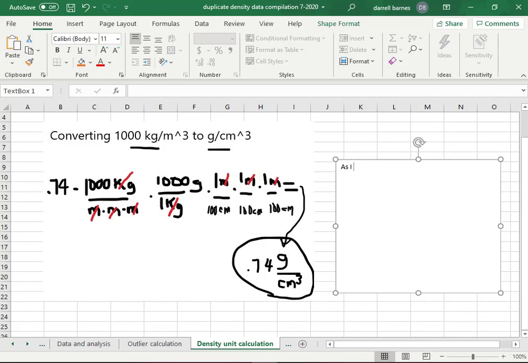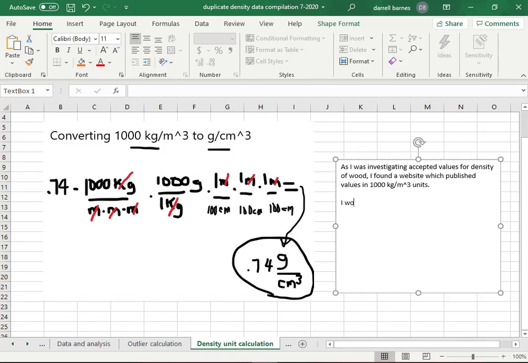As I was investigating accepted values for density of wood, I found a website which published values in, oh boy, this is crazy, 1,000 kilogram per meter cubed units.